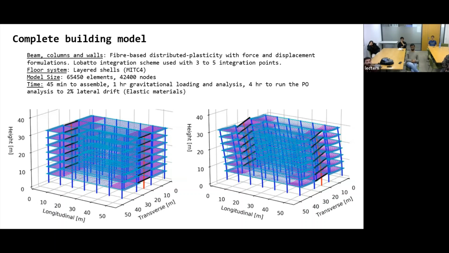And the floor system was composed of layered shells using shell MITC4. This building has 65,000 elements and 42,000 nodes. The node count is that small just because I didn't replicate or overlap nodes that were not necessary.